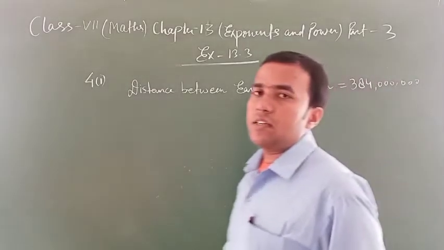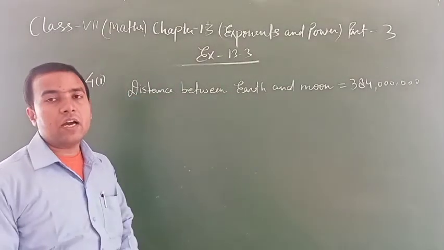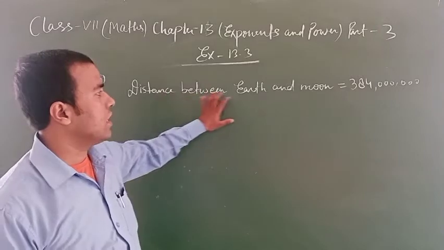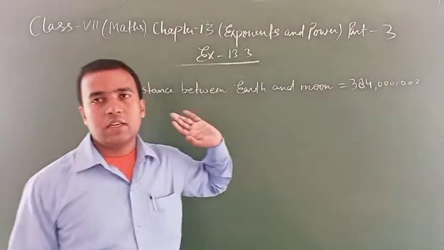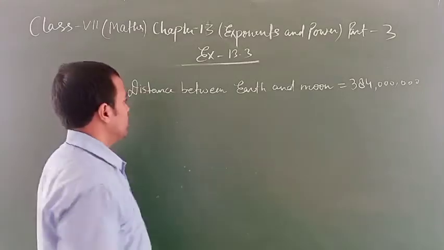Clear? So write in standard form. It is asking, the distance between Earth and Moon is given as 38 crore 40 lakh. So write in standard form.